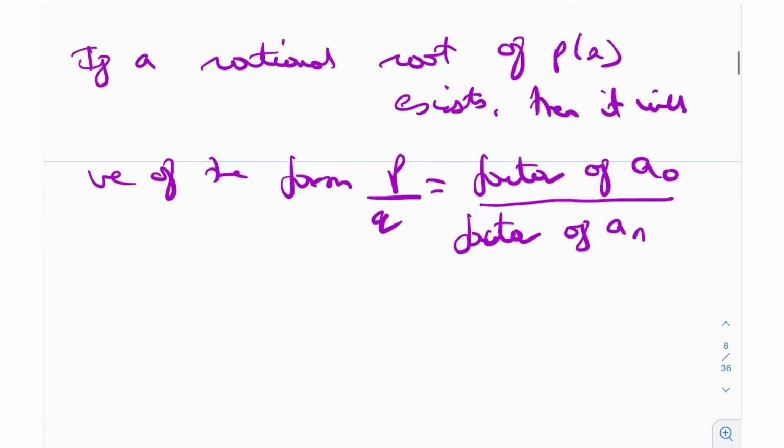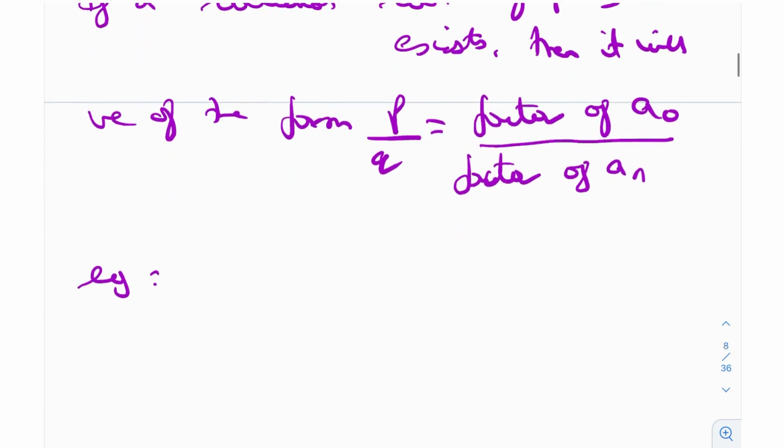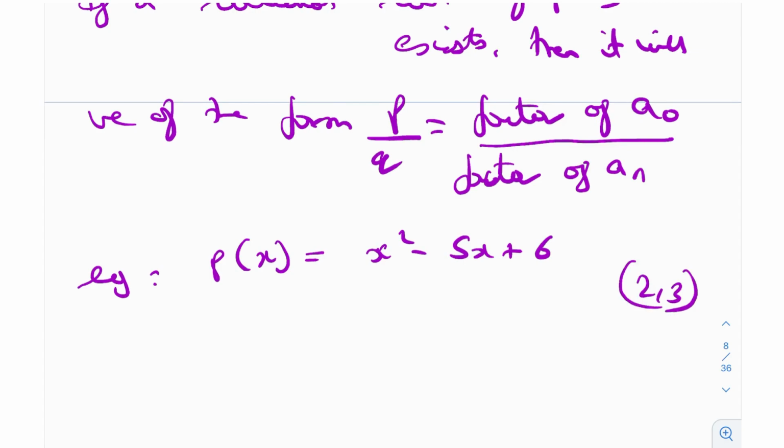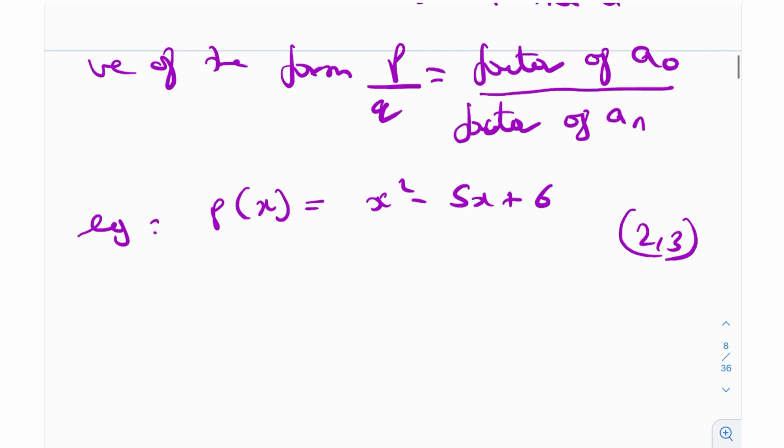So let me just give an example. Let's say we have the polynomial x squared minus 5x plus 6. Now we know that the roots are 2 and 3. But how do we apply the rational root theorem over here? It says that if there exists a rational root, then it will be of the form factor of 6 divided by factor of 1, which is 1.